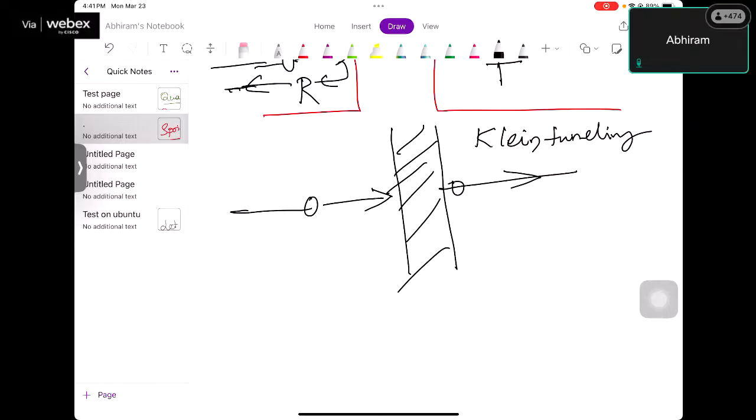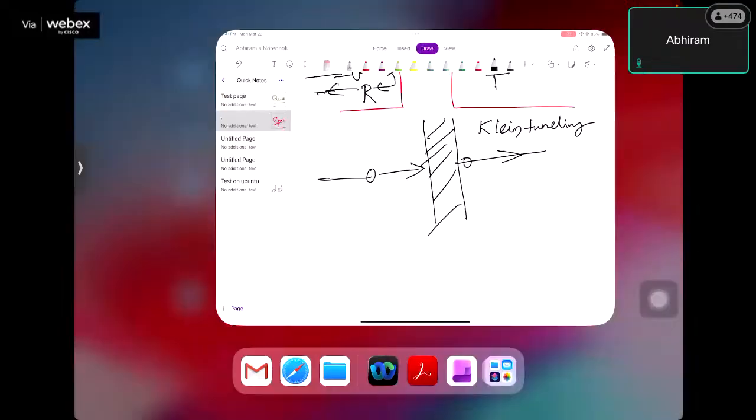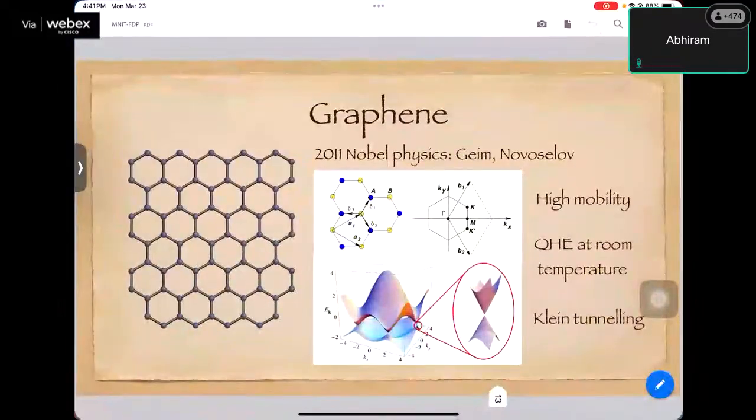But what happened in graphene was that the dispersion shown by the graphene electrons is the same as that for the massless Dirac equation. So for normal incidence, whatever you send, that tunnels through perfectly. There is no reflection. So that is one interesting phenomenon of high energy physics which was realized in condensed matter systems. Okay, so that is about Klein tunneling in graphene.